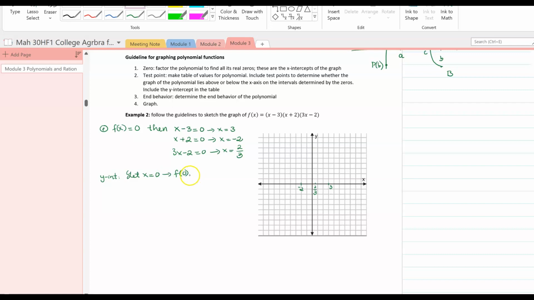So f of 0 is equal to 0 minus 3, 0 plus 2, 3 times 0 minus 2, so negative 3 times 2 times negative 2, and that is 12. So the y-intercept is 12. So here is our y-intercept.